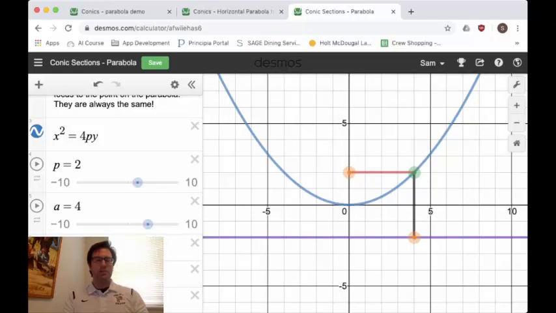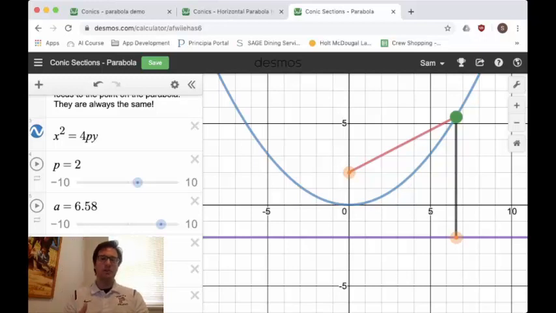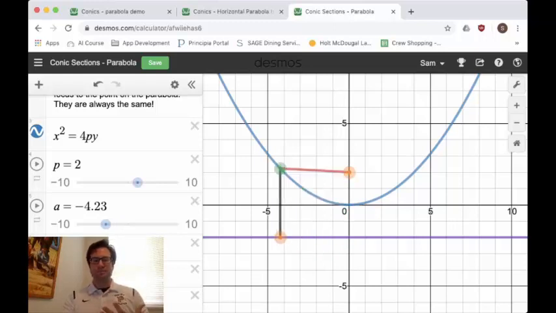Okay, and no matter where this point goes, when I drop what we call an altitude, so that's a line straight down that's perpendicular to the directrix, it's the shortest distance from this point to the directrix. So when I draw that, and when I draw the line that connects the point to the focus, no matter what point I choose on the parabola, those lines are always the same length.